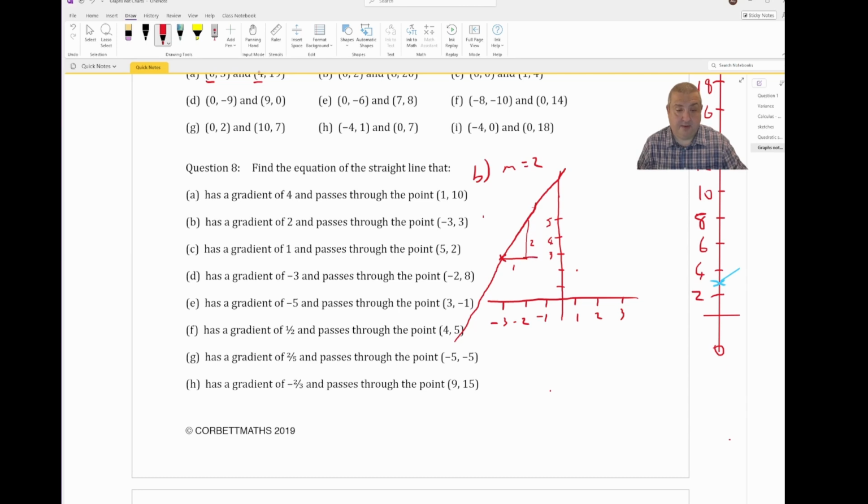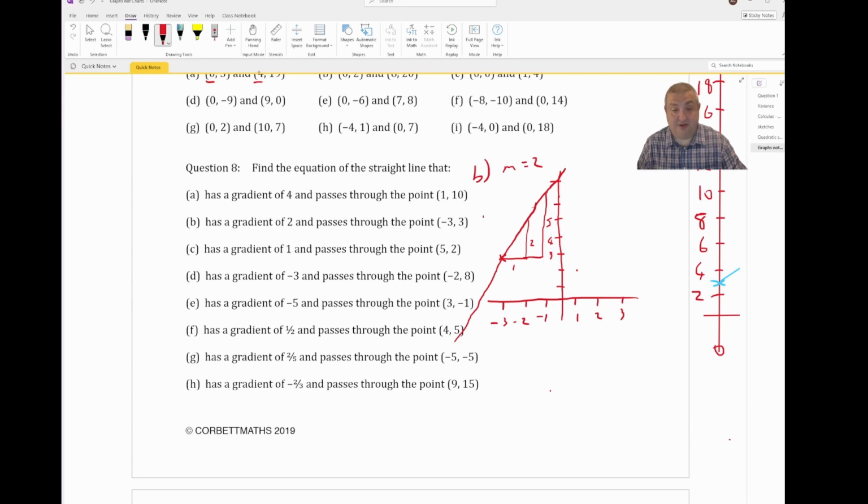And then we go along a bit more to -1. We're moving along 2 now, so we're going to move up 4. So 6, 7. Way higher.